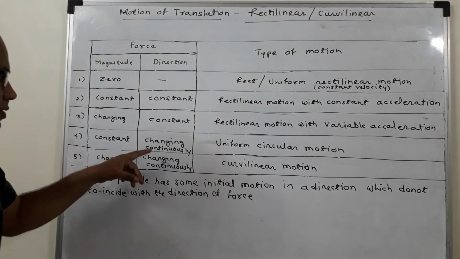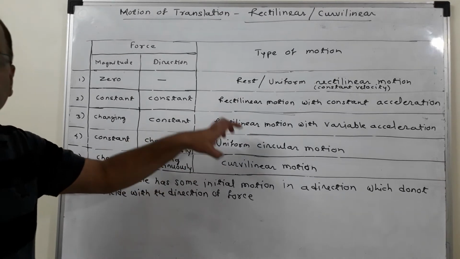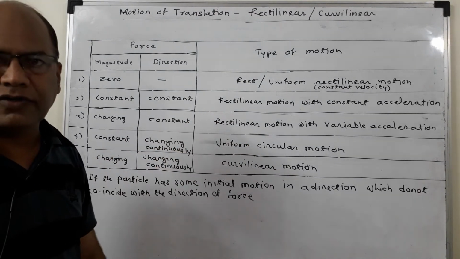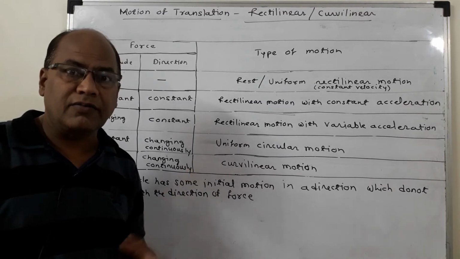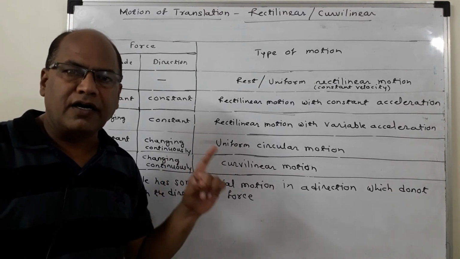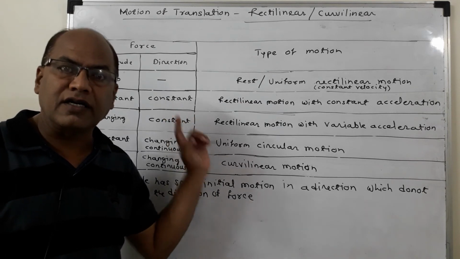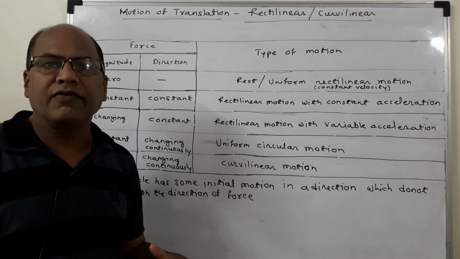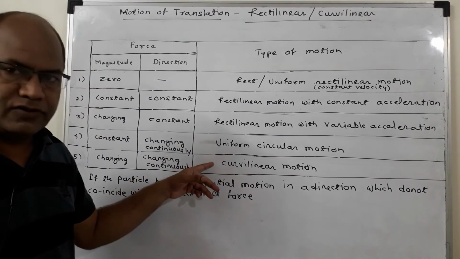Whereas if the direction is changing continuously, then the particle will be put into a curvilinear motion. If the direction is constant for the force acting on the particle, then the particle will be in rectilinear motion, and if the direction is changing continuously, the particle will definitely be performing curvilinear motion.